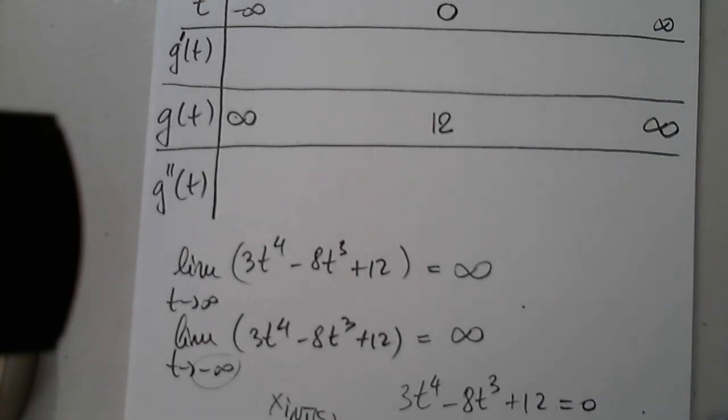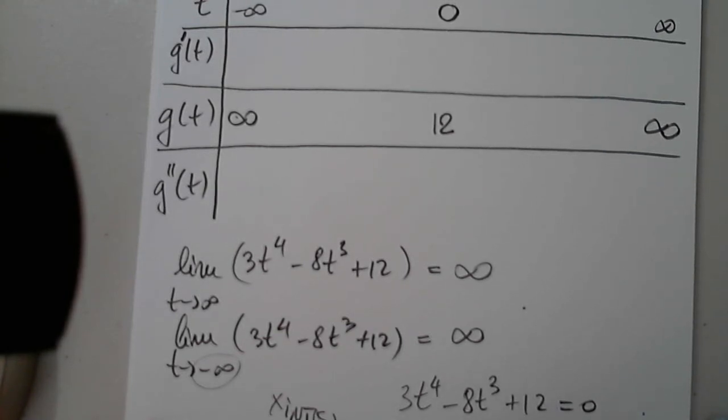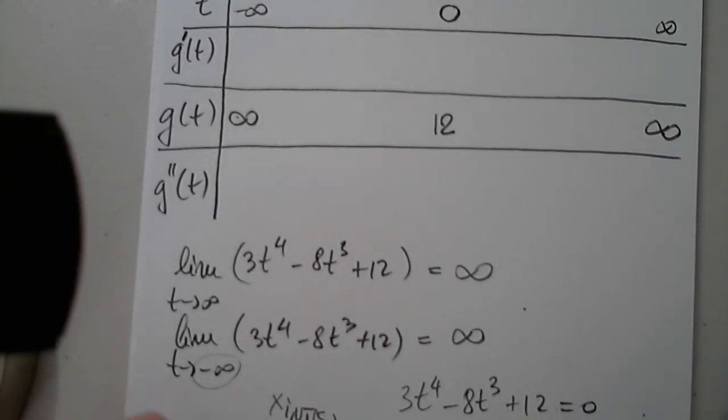So x-intercepts are also called zeros, zeros of f of x. I really like that z, but it makes no sense. Okay, the zeros of f of x. Same thing. Either the x-intercepts or the zeros of f of x.